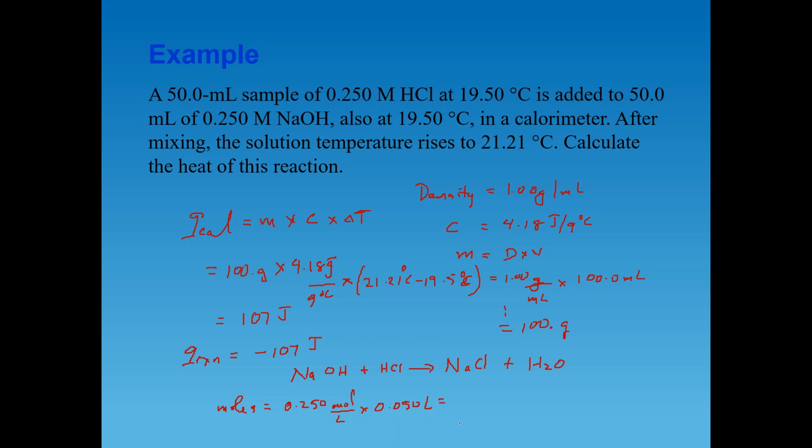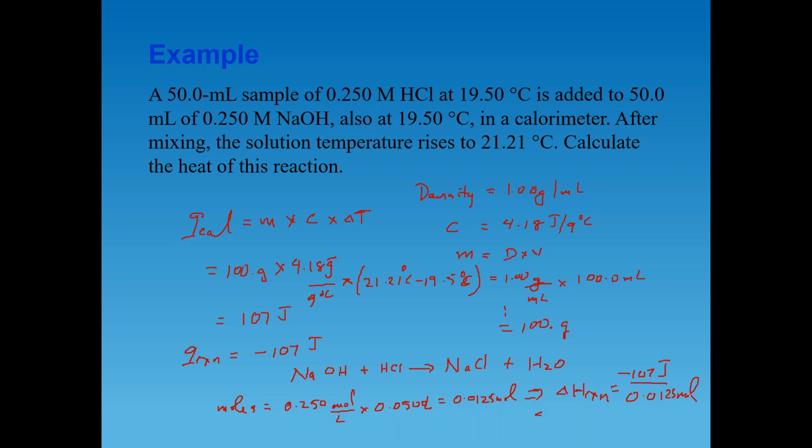When we do that, this should be 3 sig figs, so there should be an extra 0 here, and the answer is 0.0125 moles. Therefore, delta H for the reaction, which is the enthalpy change, is equal to Q of the reaction, which is minus 107 joules, divided by 0.0125 moles.